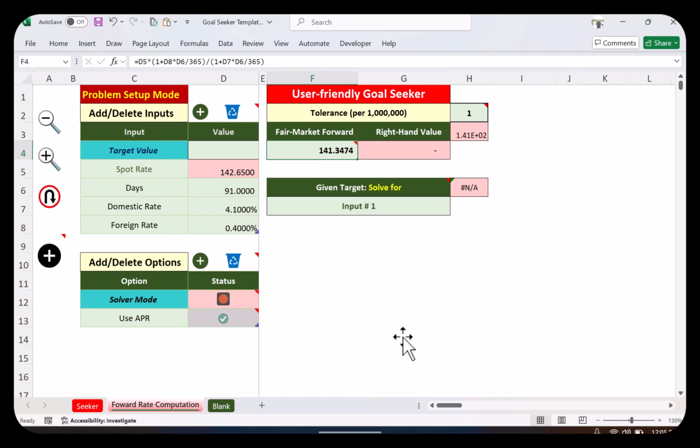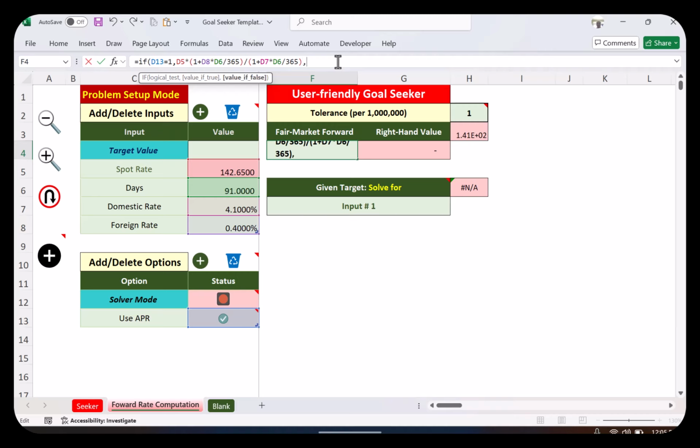this is for 91 days, but I also want to make it flexible for myself. If maturity is less than a year, I'm going to use APR, so that's my formula.